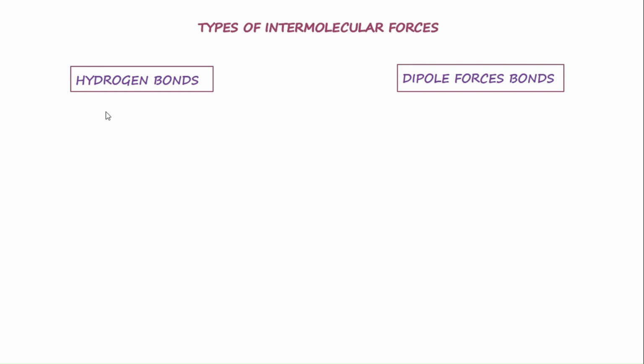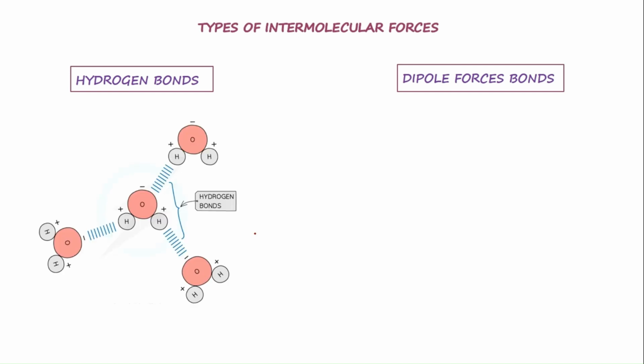So similarly, intermolecular forces have different strengths. And on the basis of strengths, we can divide them into two categories: hydrogen bonds and dipole forces. Of course, there are more types of intermolecular forces too. We call them induced dipole forces and London dispersion forces and so on. But in this book, we will only talk about these two forces, hydrogen bonds and dipole-dipole forces.